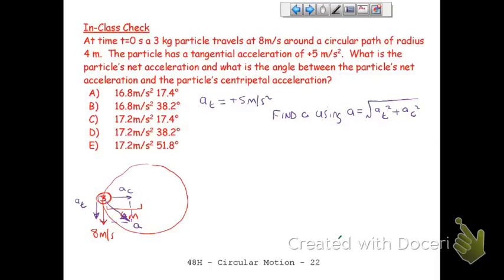Agreed? Pythagoras. A is equal to the square root of 5 squared plus AC.